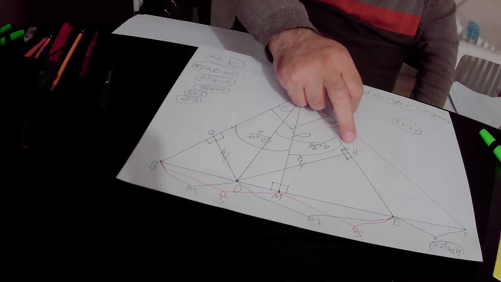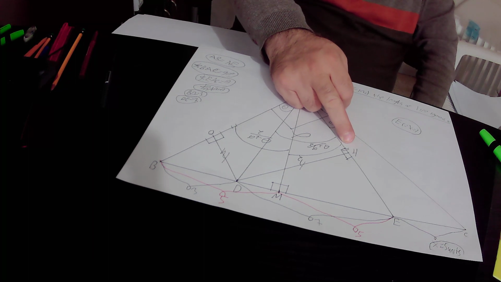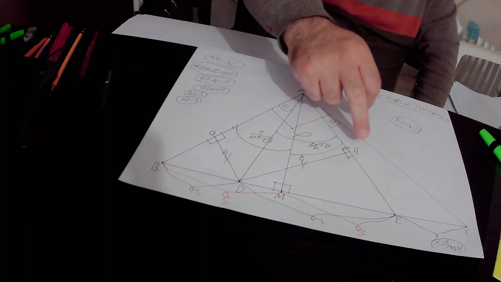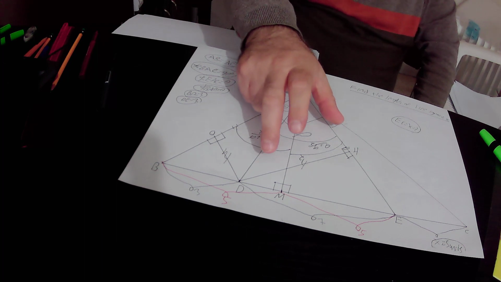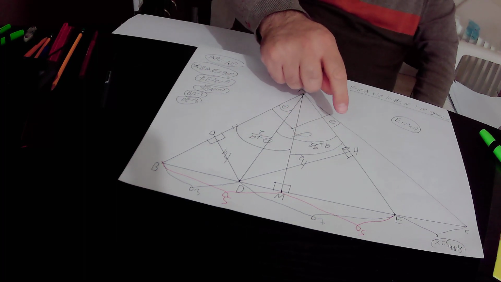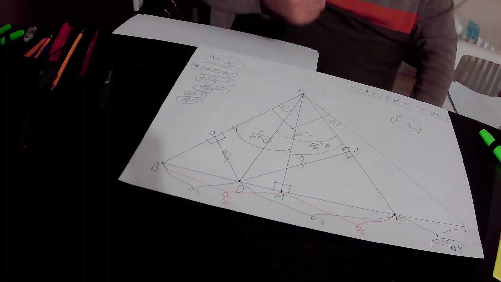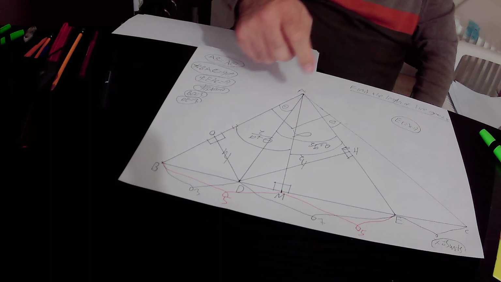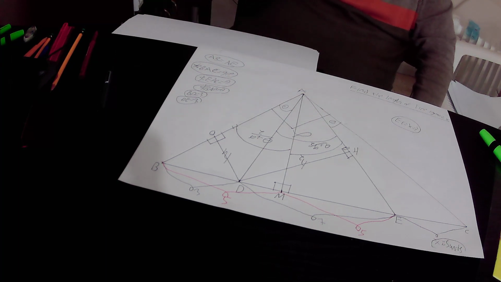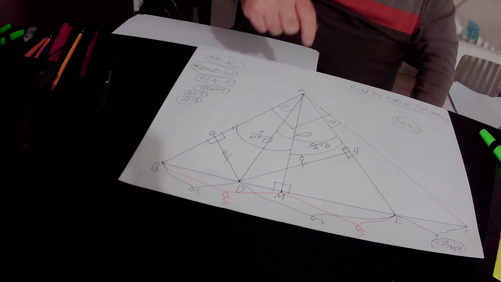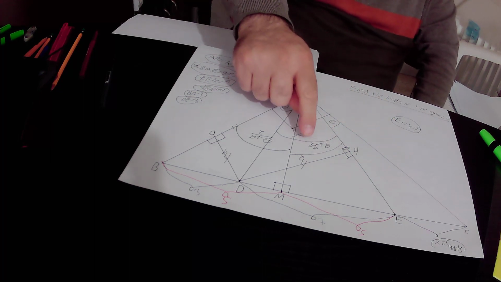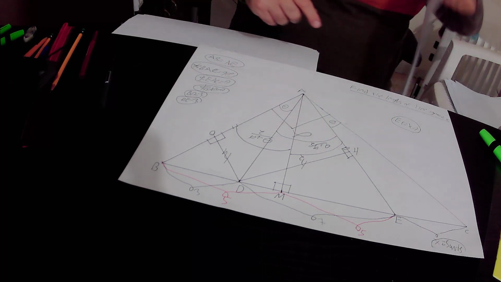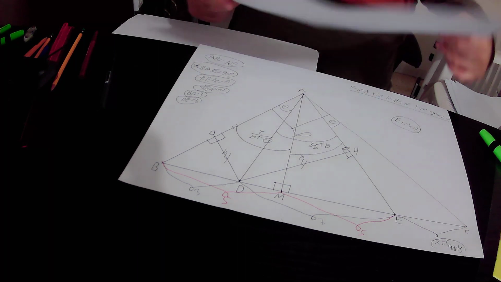We define the touching point between the perpendicular from point D and AE as K. So DK is perpendicular to AE, therefore DK is the height to the base AE. So we define DK as H2. So the area of triangle ADE will be equal to the base AE times the height to the base, that is H2, over 2.